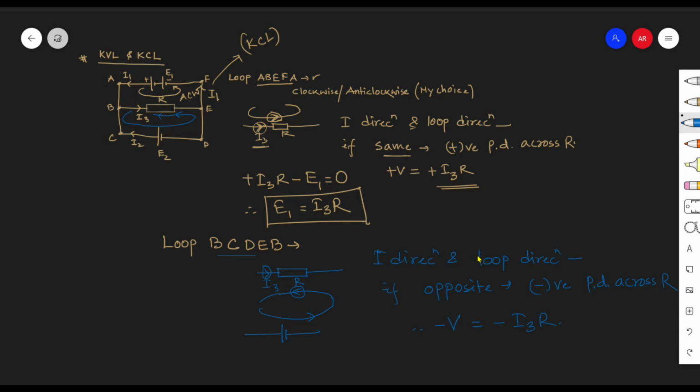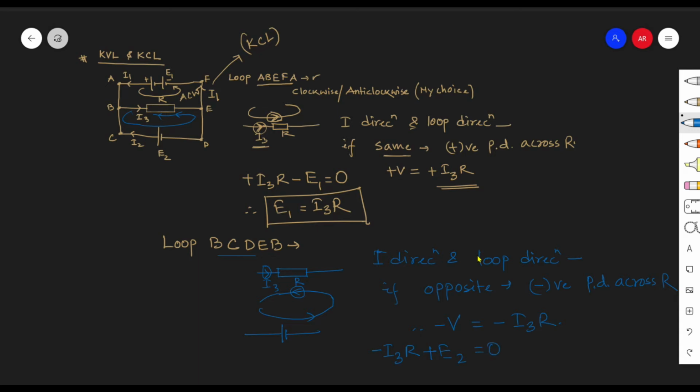Now look at the loop again, B, C, D, E, B. The loop here is entering into the positive terminal. When I started taking the loop from B, then from B to C, there was no resistance, no PD dropped. From C to D, there is a power supply.